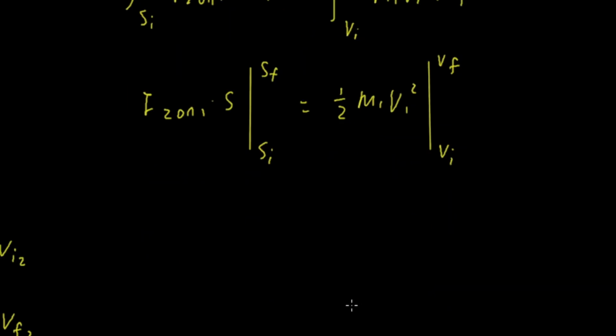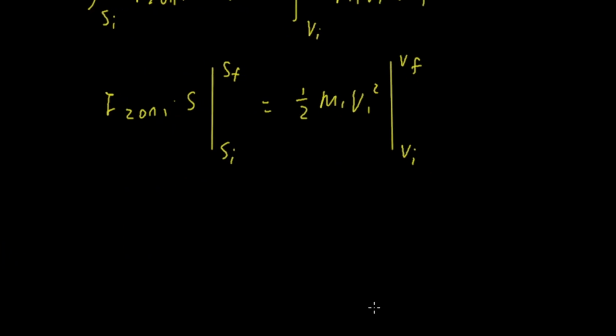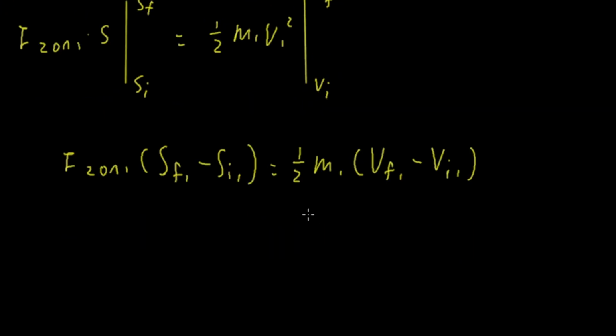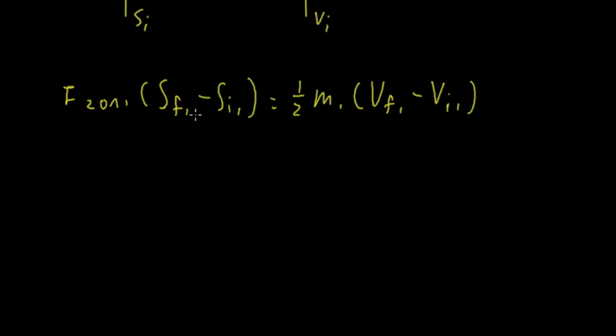Okay, now here, so this one will become force of 2 on 1 times final position 1 minus initial position 1 is equal to here, half m1 times final velocity 1 minus initial velocity 1. Now this is change in position.